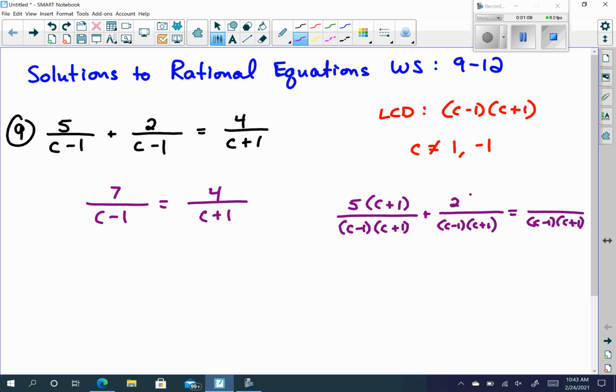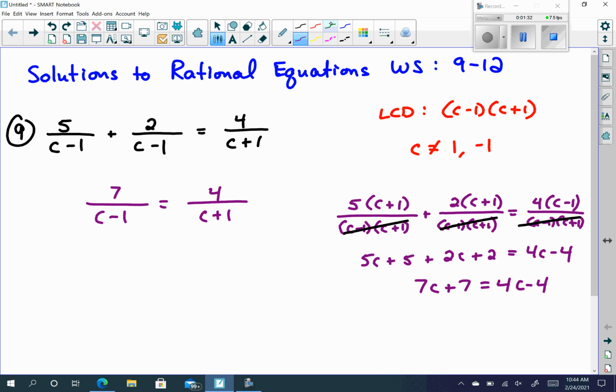So will the 2. And the 4 will have to get multiplied by the c minus 1. Now we can cross out our denominators, distribute our 5, so we'll get 5c plus 5 plus 2c plus 2 equals 4c minus 4. Combining our like terms, we'll get 7c plus 7 equals 4c minus 4.